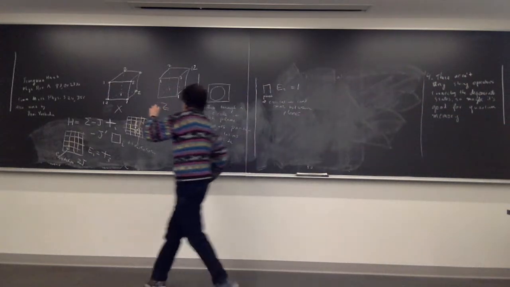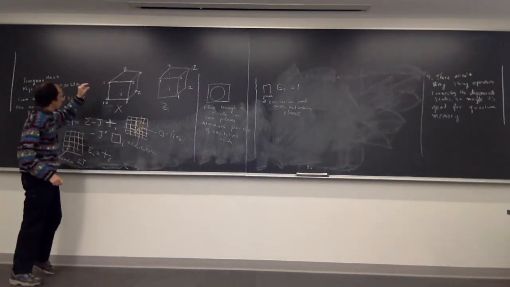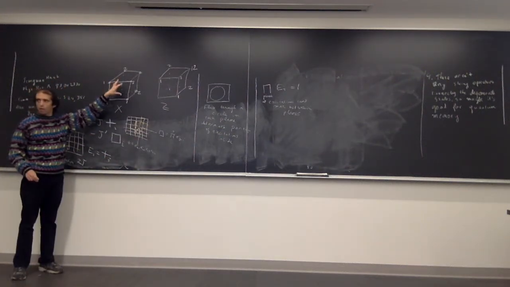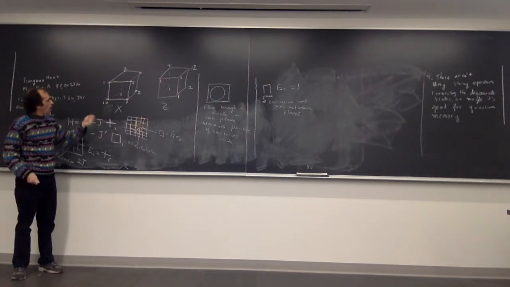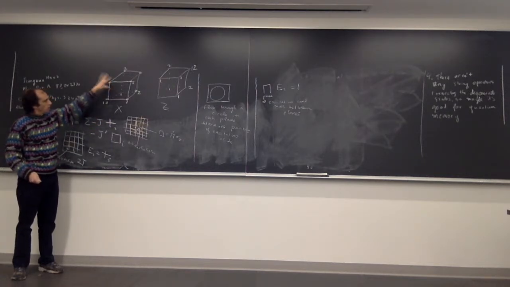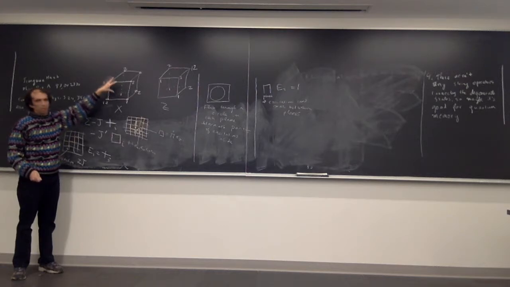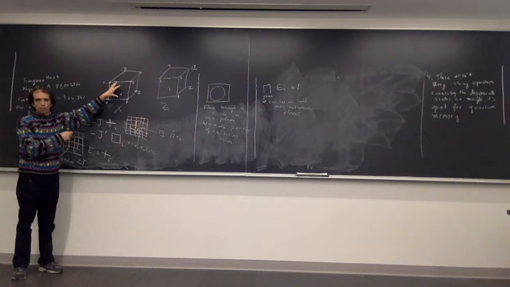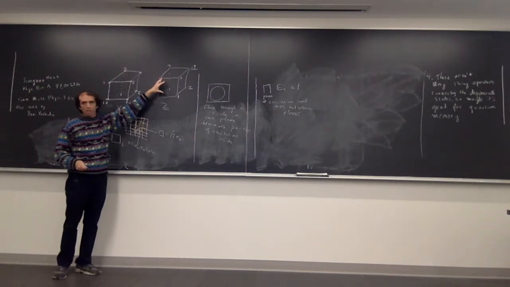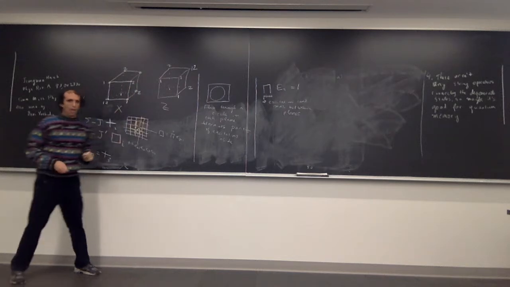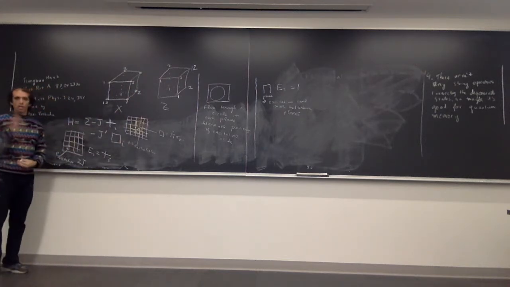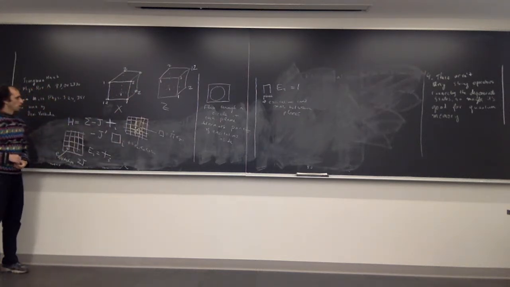So imagine you have an excitation. Just like in the toric code model, for each cube I have the 2 terms from the Hamiltonian. If one of these terms is equal to -1, I'll say there's an excitation of the x type in that cube. And if this term is equal to -1, there's an excitation of the z type in that cube. And then I want to see, can I just make one excitation? That's the first question.